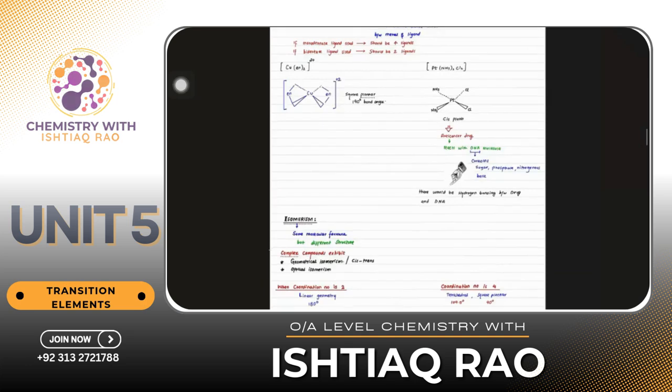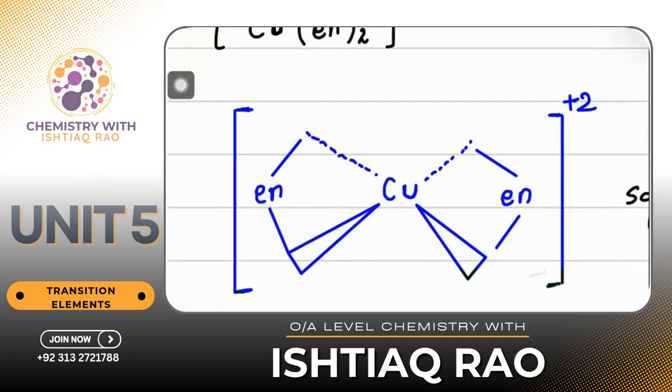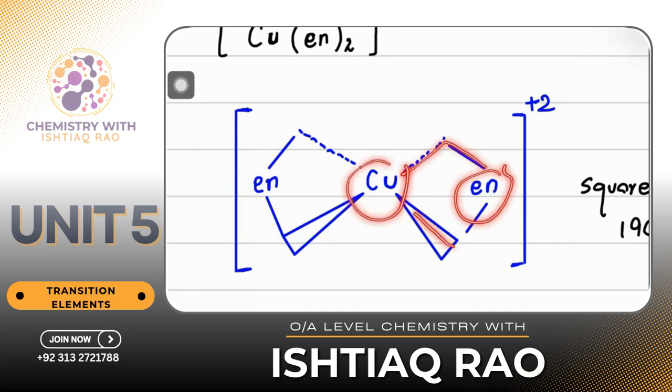Let's suppose we have a bidentate ligand, just like that. This is a bidentate ligand, isn't it? One EN can make two dative bonds with this copper, because this is a bidentate ligand.